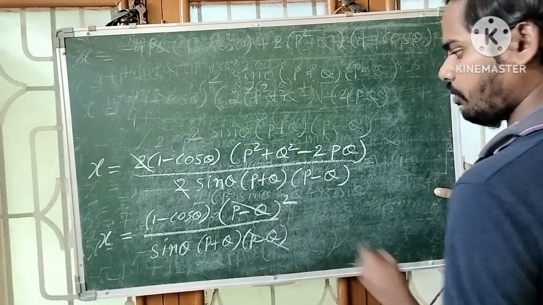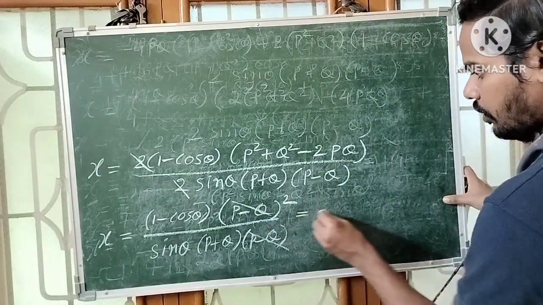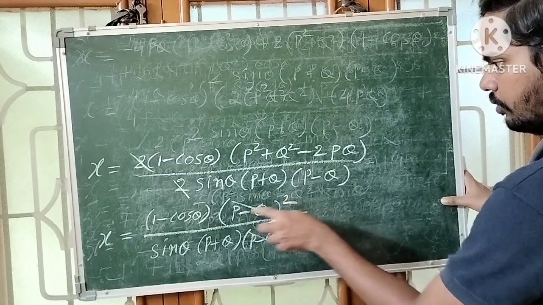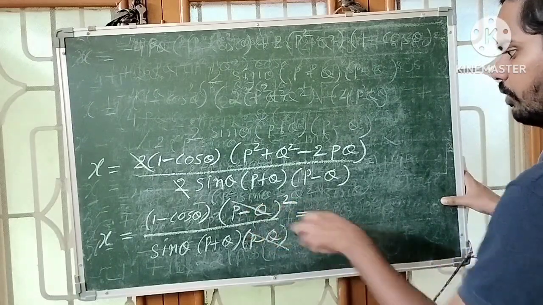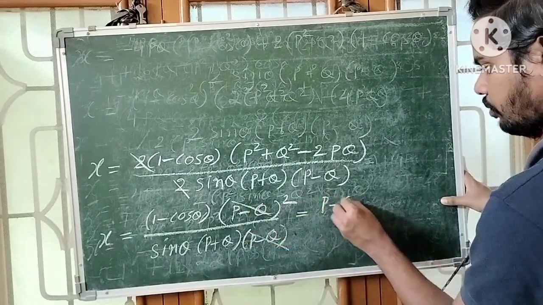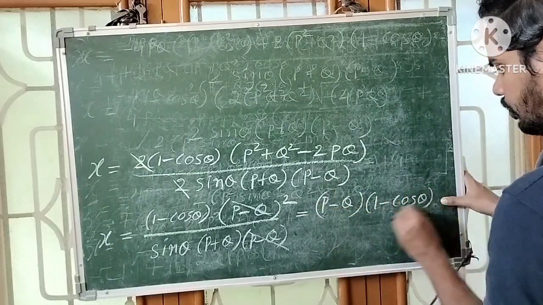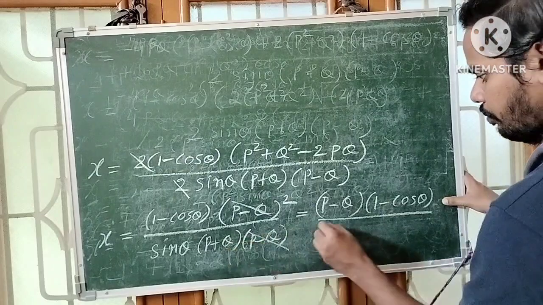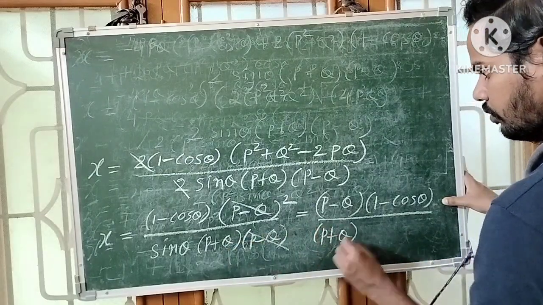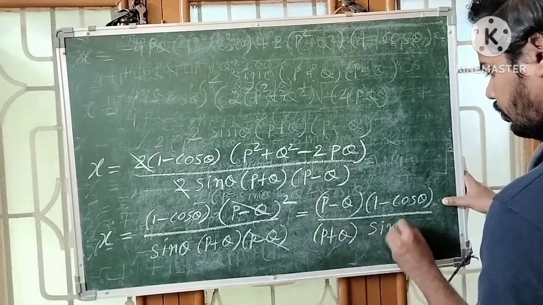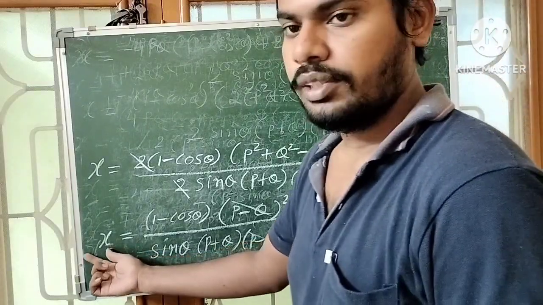So one p minus q gets cancelled, and the final expression: p minus q whole square, one p minus q cancelled. So remaining one p minus q into 1 minus cos theta, all divided by p plus q into sin theta.